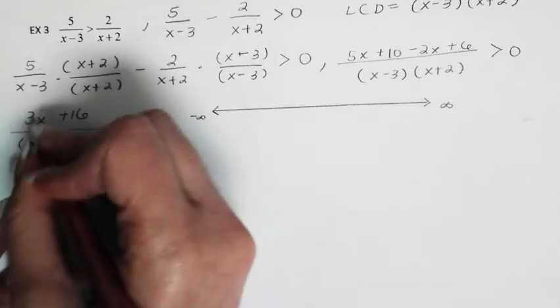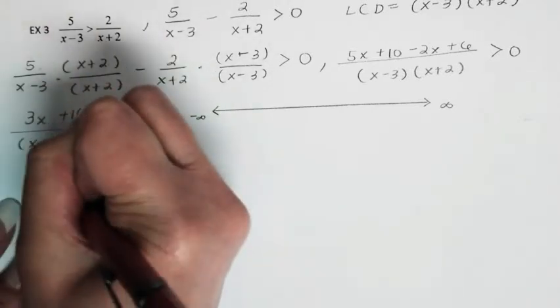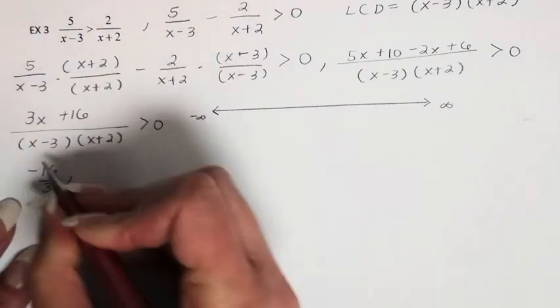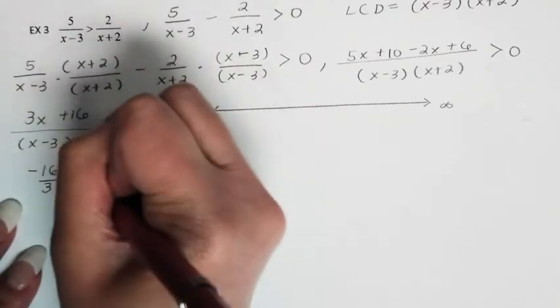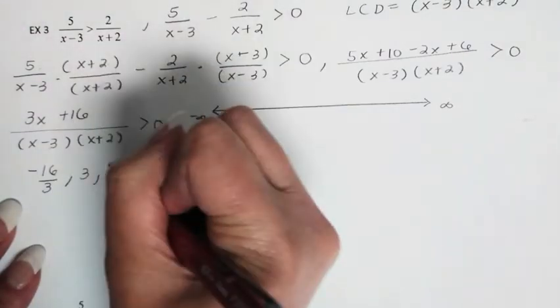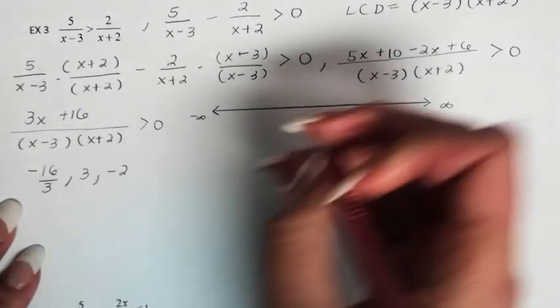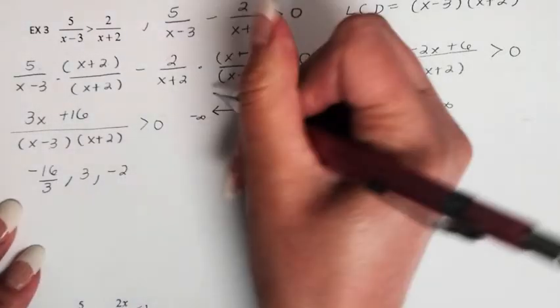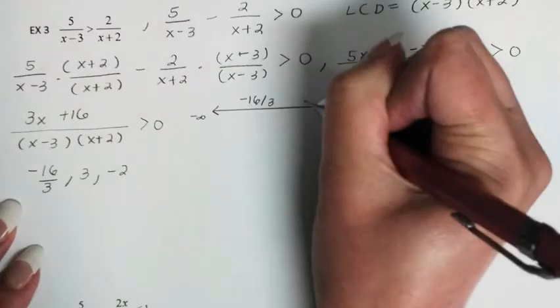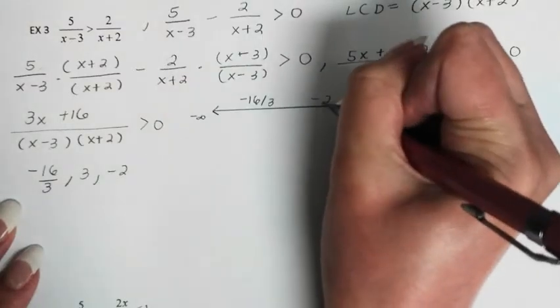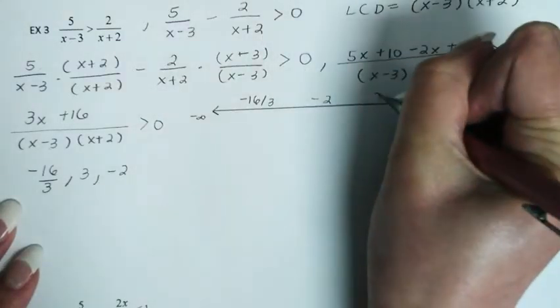This is a factor, so it's going to be negative 16 divided by 3, your first number. Then this factor, the 3, and this factor, the negative 2, are the ones that you want. In order, the negative 16 over 3 goes first, then the negative 2, and then the positive 3.